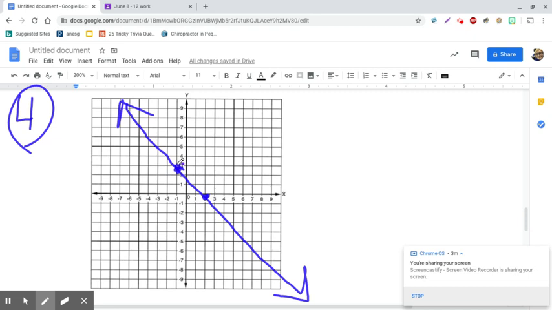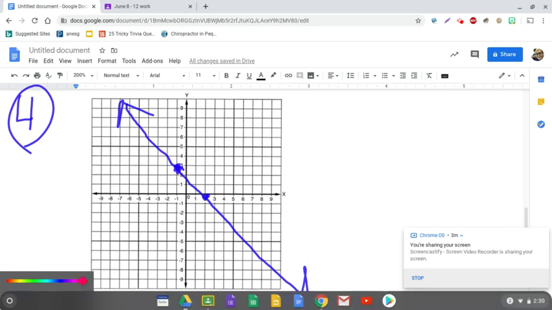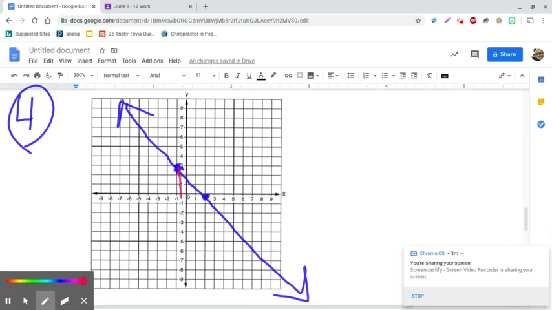This is the first point we get to. Sorry, it's not so perfect. But now we have to go down and then over. We're going to count how many we go down. 1, 2, 3. Since we're going down, it's a -3.